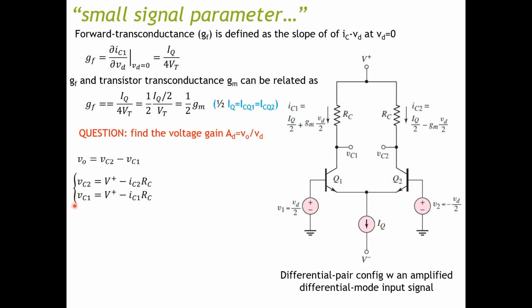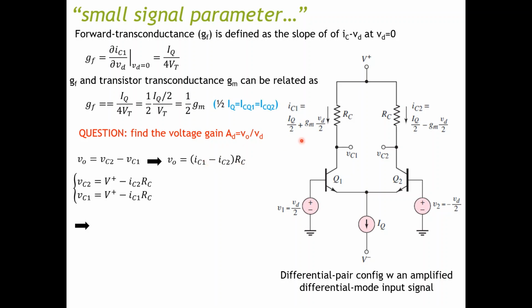So you do the same thing for VC1. So you have this equation set here. Now plug these two equations into this equation. You can have a simplified term of VO output equal to IC1 minus IC2 multiplied by RC.